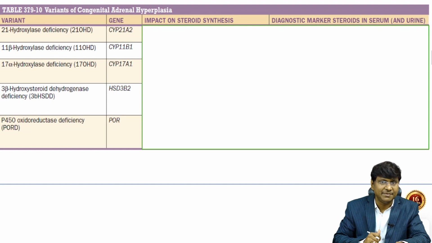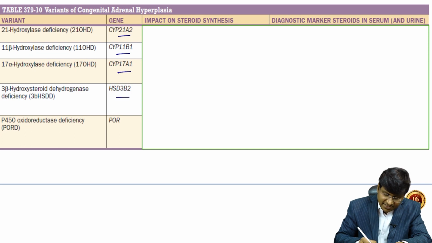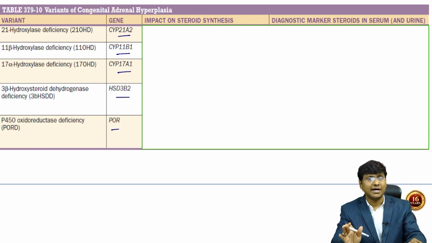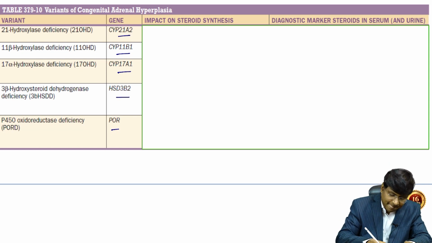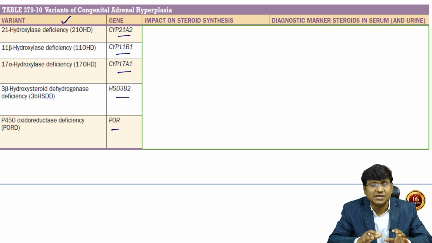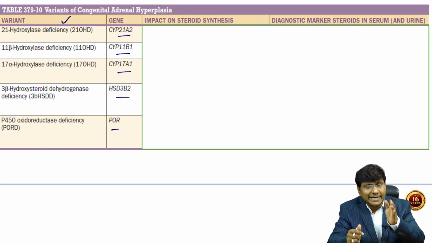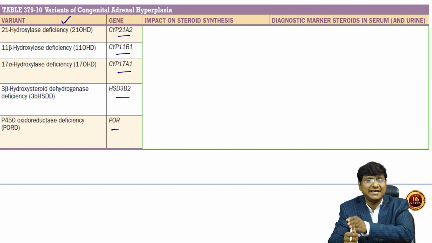These genes include CYP21A2, CYP11B1, CYP17A1, HSD3B2 and POR. These genes code for certain enzymes, and these enzymes are required for the metabolism of cholesterol into aldosterone, glucocorticoids and weak sex hormones.